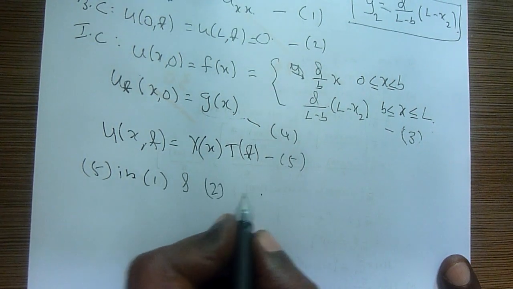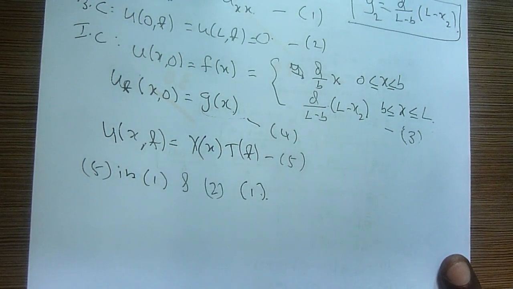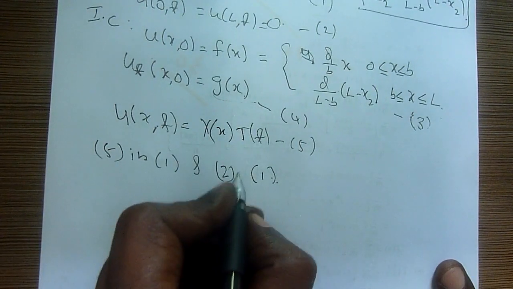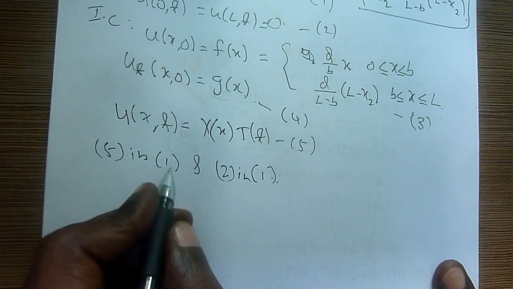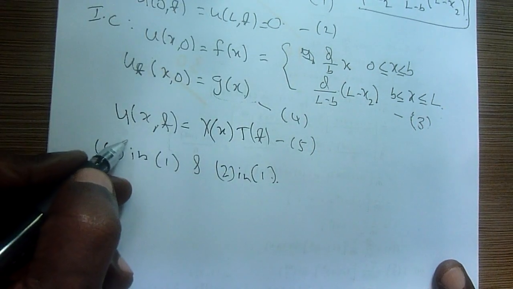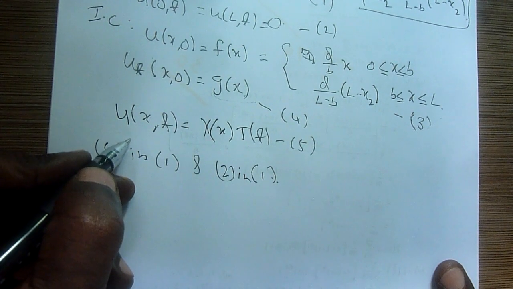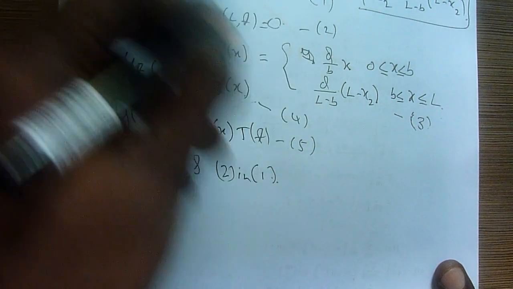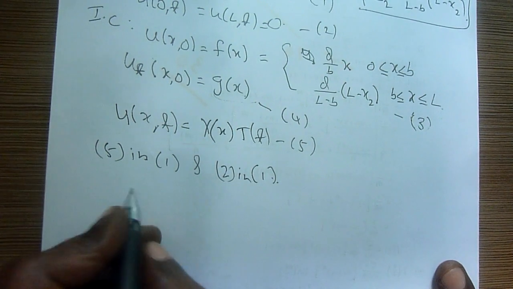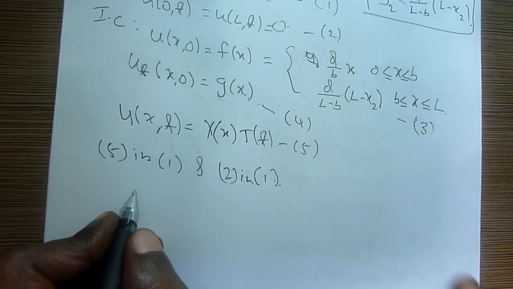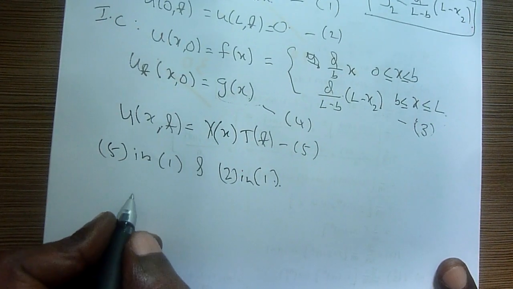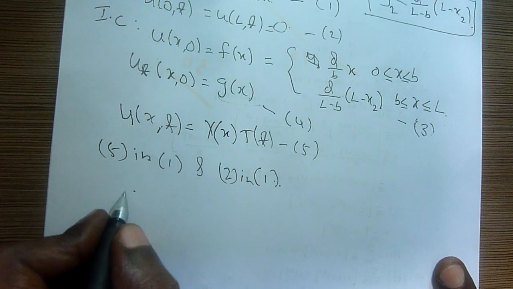You are placing number 1 into number 1, where you will get the whole thing. First you throw 5 inside, you will get the equation, then that equation you solve, then 2 in 1, then you get this equation already. Straight away you get the equation, all the equations can be done.